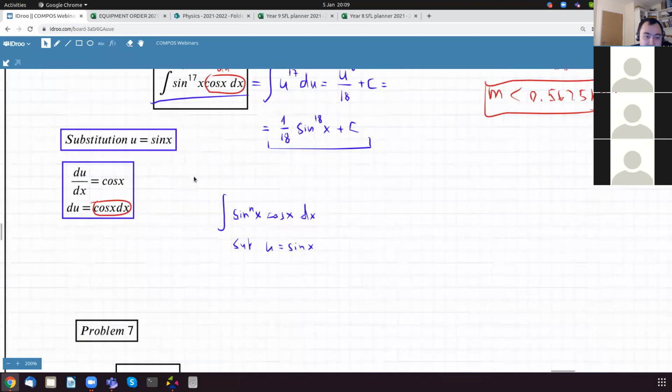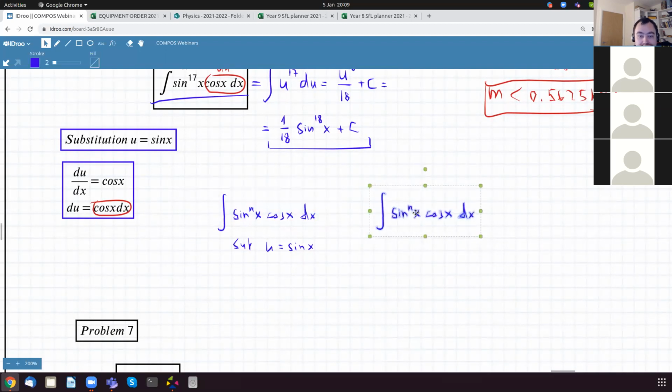And if you have an integral in this form, cosine to the power n x, then the substitution is u equals cos x.